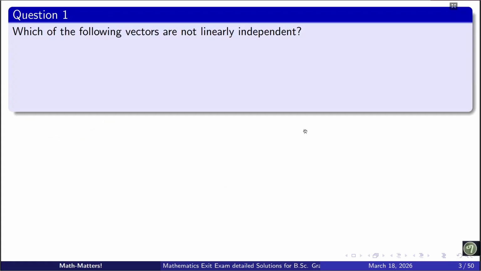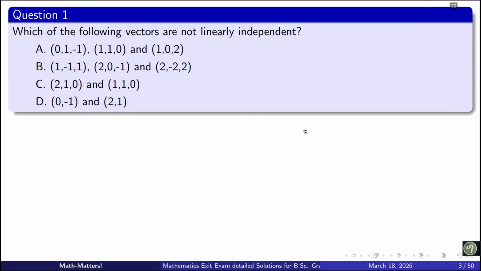Question number 1 says, which of the following vectors are not linearly independent? We know that in order to answer such a question, what we have to know is the criteria for two or more vectors to be linearly dependent or independent.